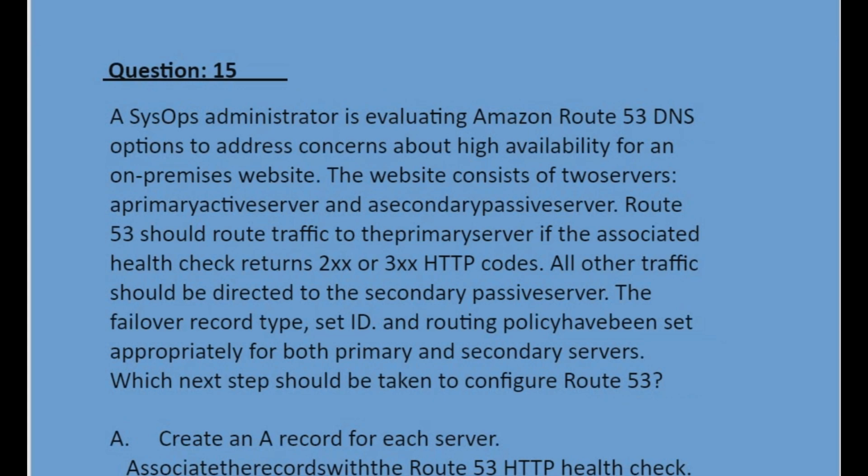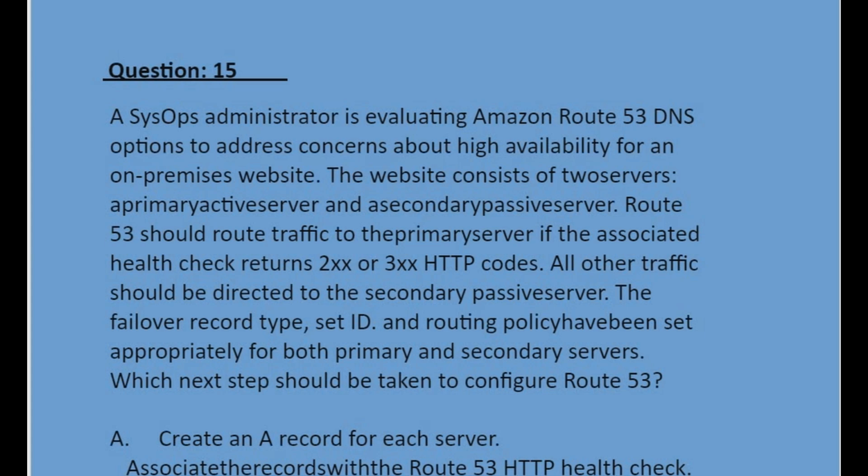Question is, a SysOps administrator is evaluating Amazon Route 53 DNS options to address concerns about high availability for an on-premises website. The website consists of two servers, a primary active server and a secondary passive server.